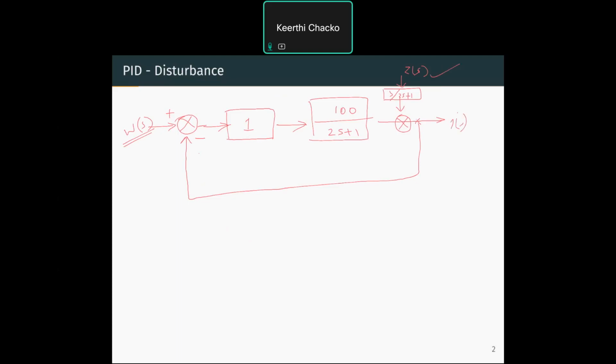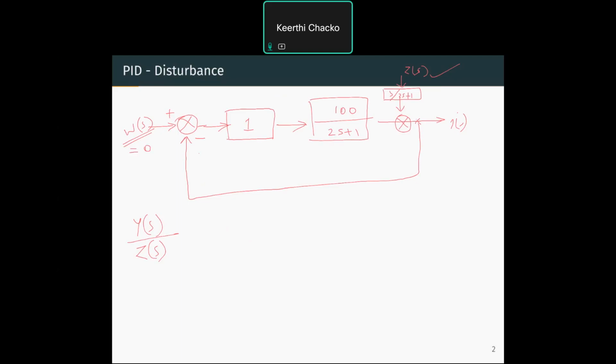So how the ratio between the disturbance and the output. Sorry. Transfer function between Y(s) and Z(s) when W(s) is equal to 0.